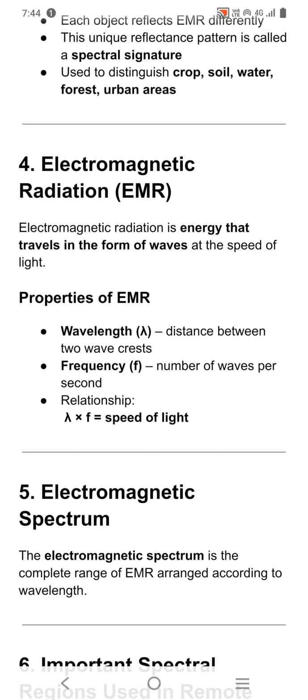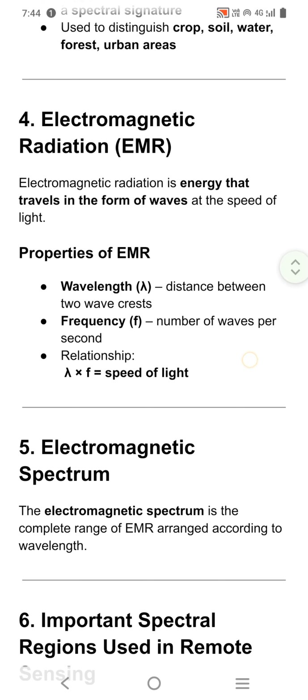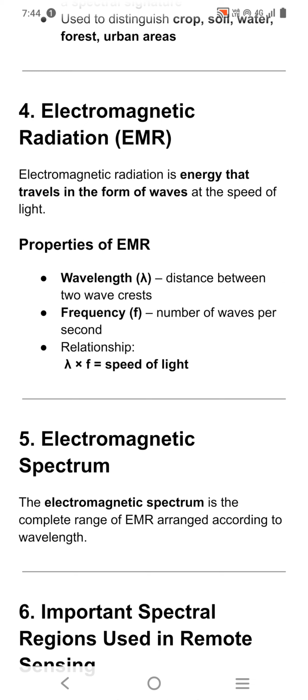Electromagnetic radiation is energy that travels in the form of waves at the speed of light. Properties of electromagnetic radiation: wavelength, denoted by lambda, is the distance between two wave crests. Frequency, denoted by f, is the number of waves per second.